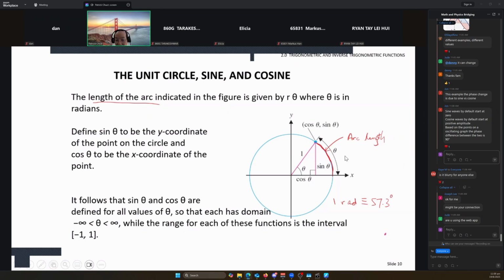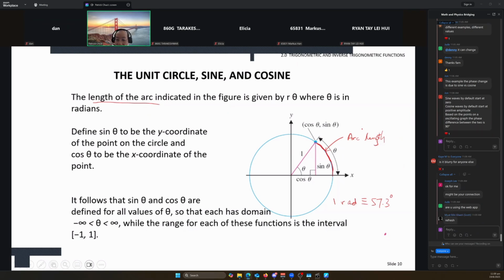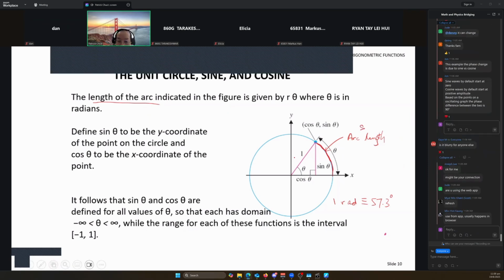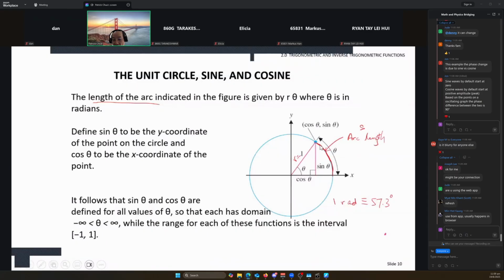Let's say the arc length is S, and this is R. When this dot has moved and moved and moved, as it moves, the angle theta changes. So when it moves to here, when the arc length S becomes equal to R, and you stop it there, you measure this angle. This angle will be 57.3.